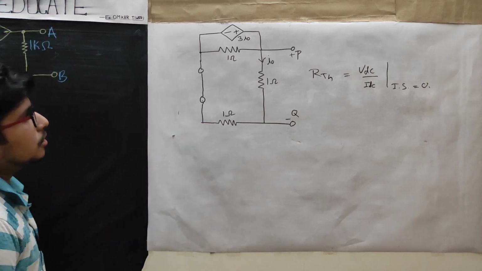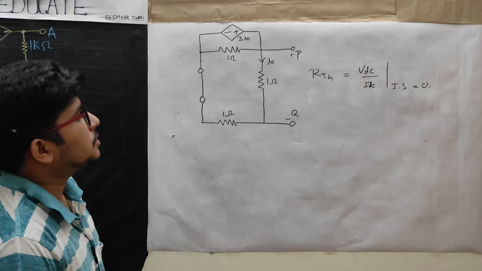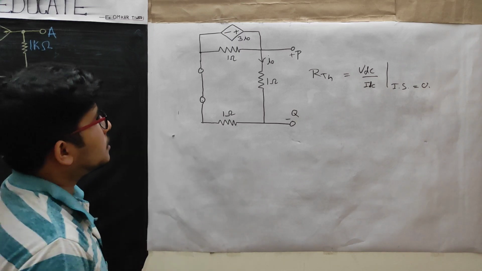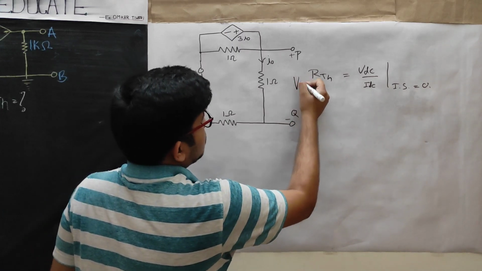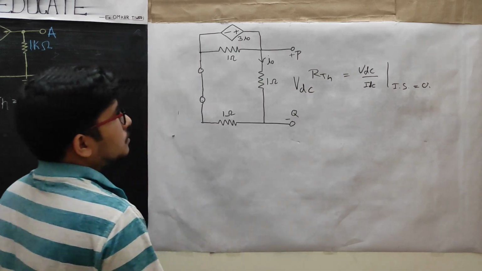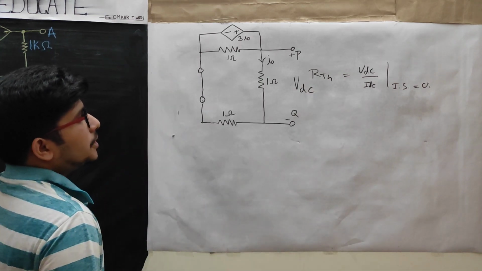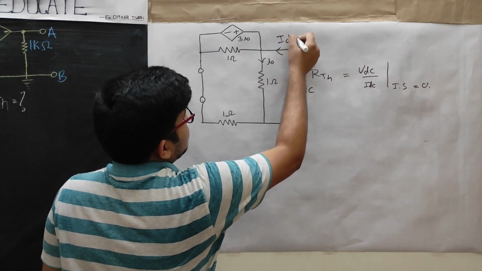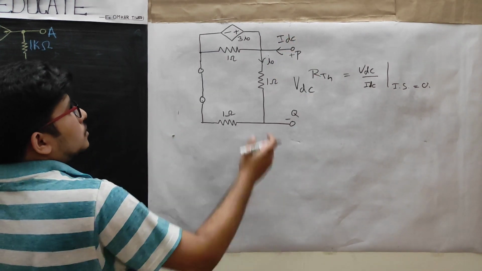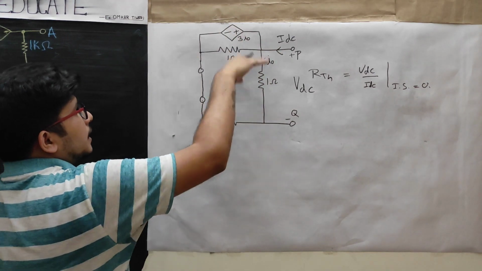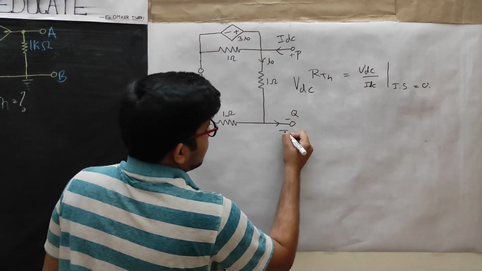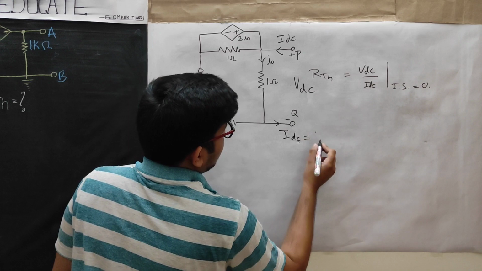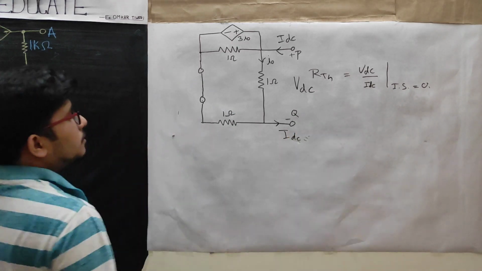Now you have to find the RTH, which means VDC by IDC. Suppose the voltage across the points P and Q is VDC, and the current in this direction is IDC. The IDC amount of current enters this network, so the IDC amount of current will come out of the network.